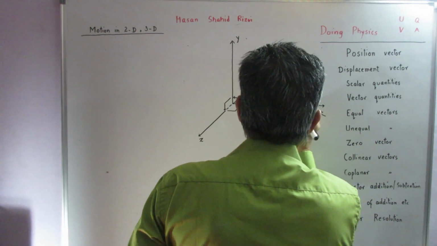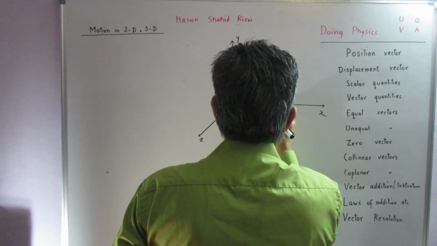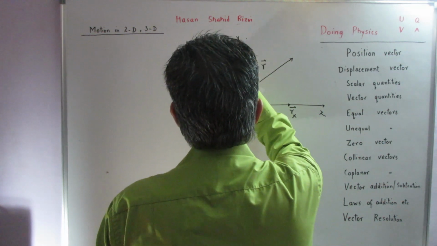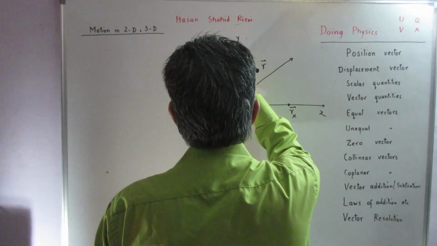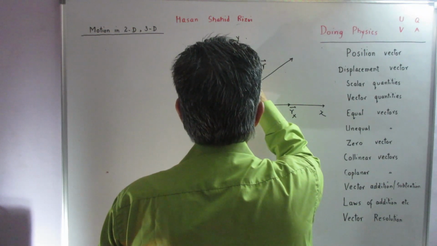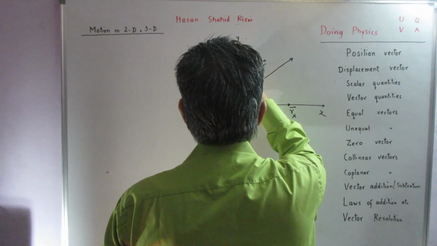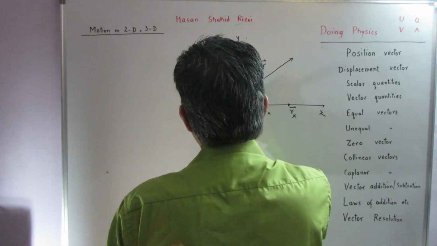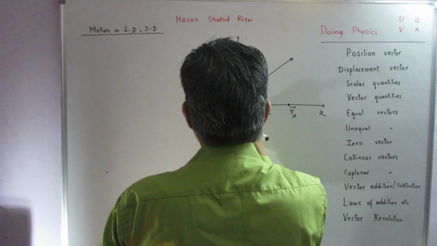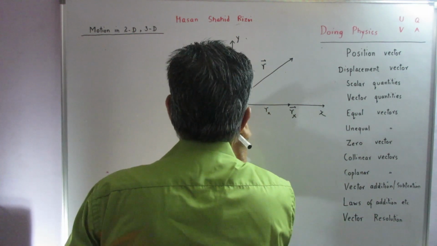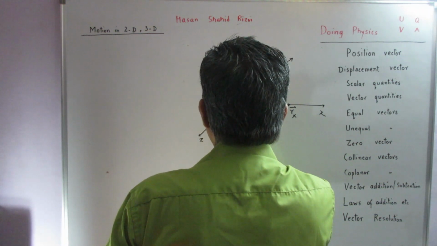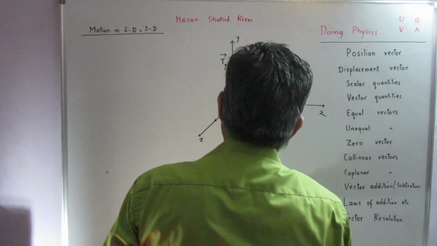This is the component vector with a magnitude equal to rx, a component vector which I can write ry in the y direction, with a magnitude equal to ry, and then I can write a component vector rz in the z direction, and of course the magnitude of this becomes equal to rz.